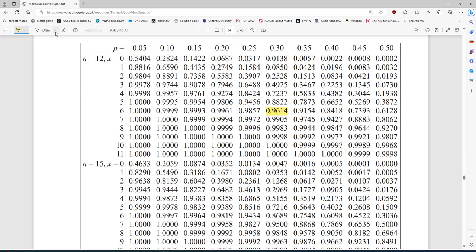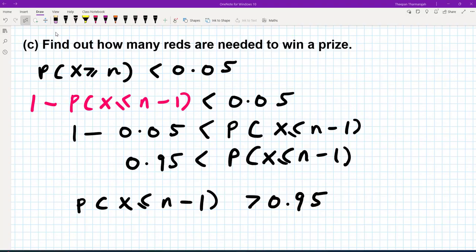So the probability that x is less than or equal to 6 is 0.9614. I can write that down here.